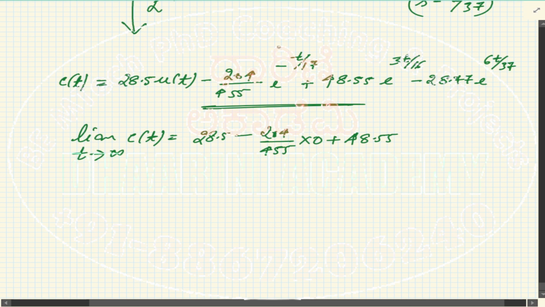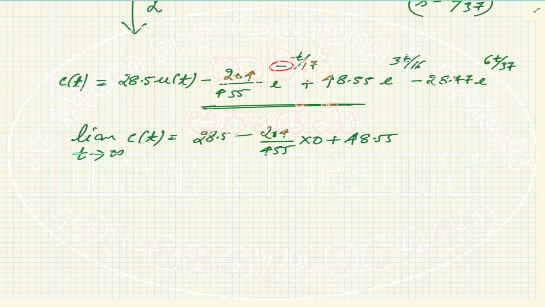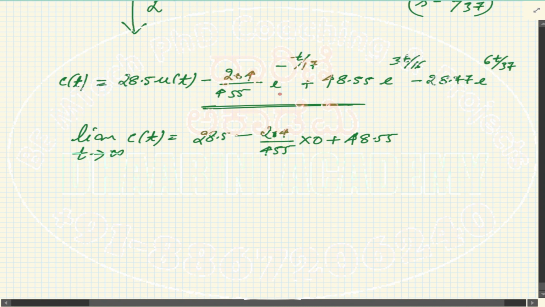I think you need to consider the sign, right? It's a positive term. So what happens? Previously it was e to the minus infinity, right? This term was 0. Now what happens to this term? E to the power positive infinity, right?